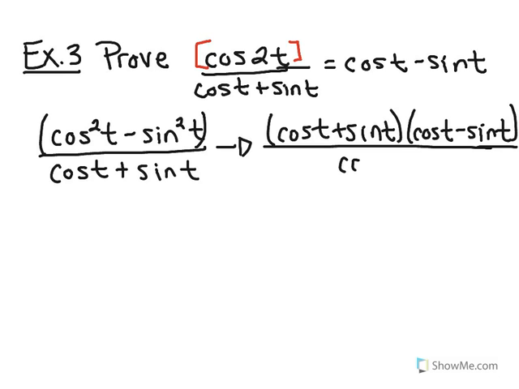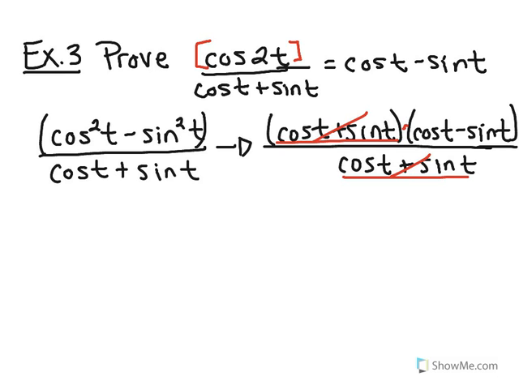And the denominator did not change, so I'm just going to rewrite it, cosine of t plus the sine of t. So I want you to see why this was helpful, because I have this piece right here and this piece right here that are the exact same, so I can cancel them out. And this is perfectly legal to do, because in the numerator this expression is being multiplied by this other one.